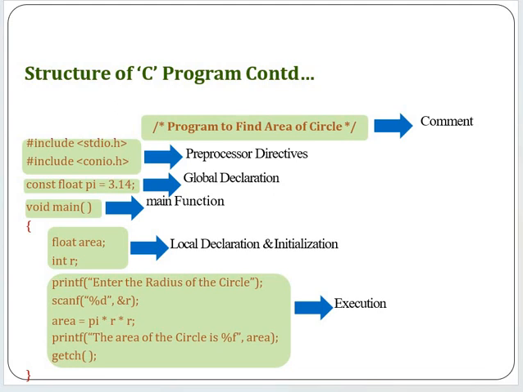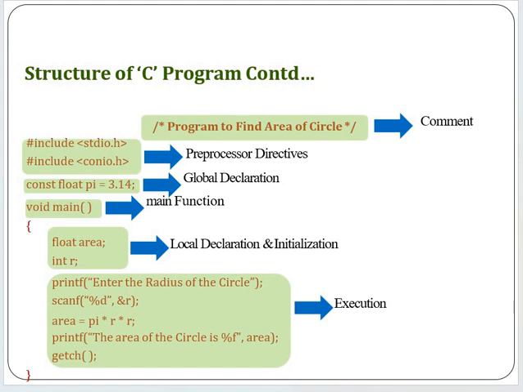And then global declaration. Here it is, const float pi = 3.14. This declares the constant pi with a value 3.14. Using const ensures that the value of pi cannot be changed later in the program. Okay, it is constant. Then main function, void main, which defines the main function, the entry point of the program.